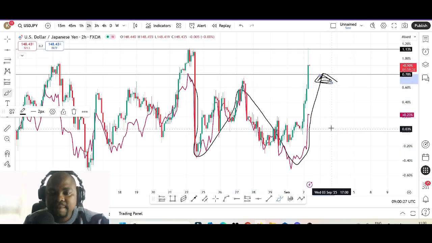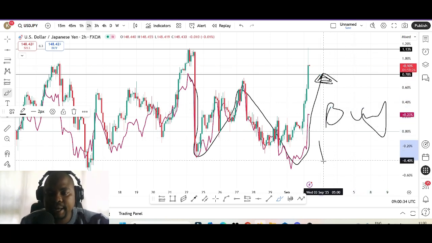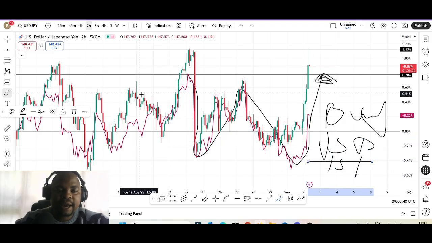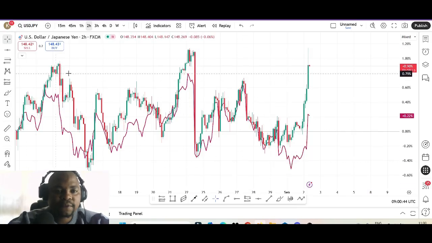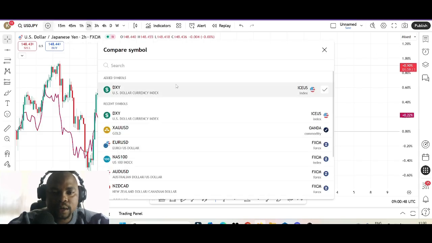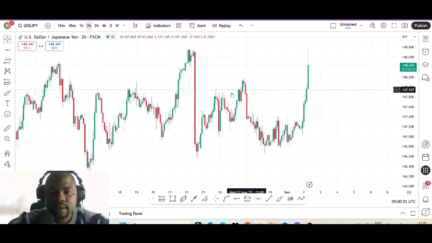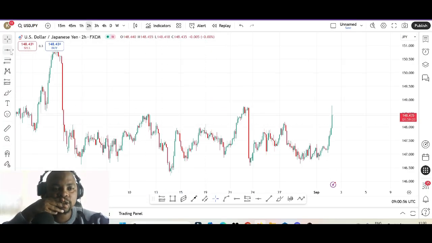So this simply means that on NFP you buy USD first. On NFP I'm expecting buys from USD first. So that is what I'm expecting from NFP. And these buys are not going to stop there.